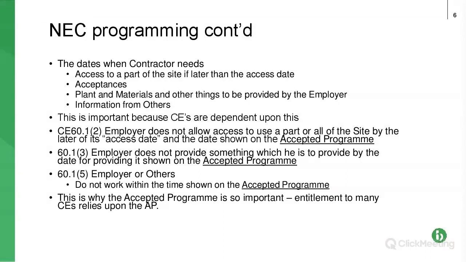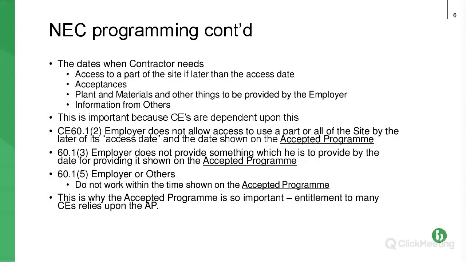So the key thing is that you've then got to look at the accepted programme to see what the date is. Another good reason to get your programme into the contract, rather than having a debate about it once you've started the work, and trying to get it agreed and accepted by the project manager.